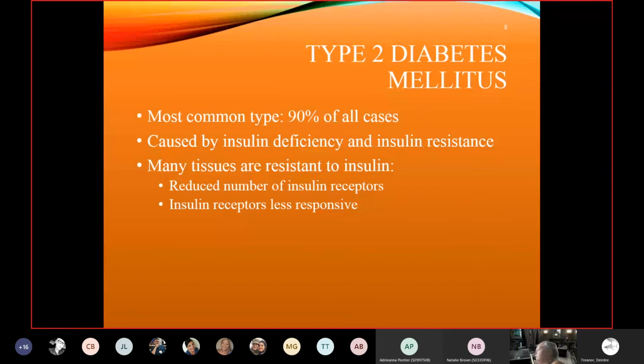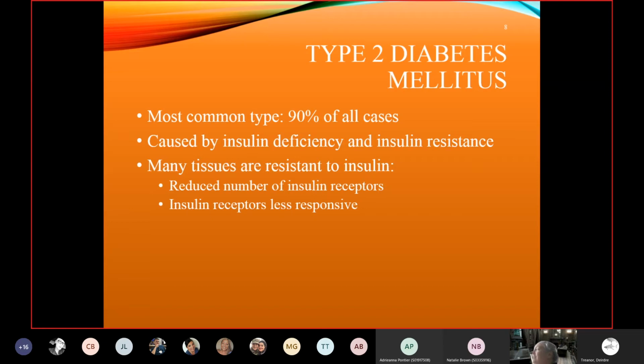Type 2 is the most common type of diabetes. It's caused by an insulin deficiency, so they're not producing enough, and insulin resistance. A lot of tissues become resistant to insulin. Either you don't have enough insulin receptors, or the insulin receptors aren't responsive. So remember the lock and key.